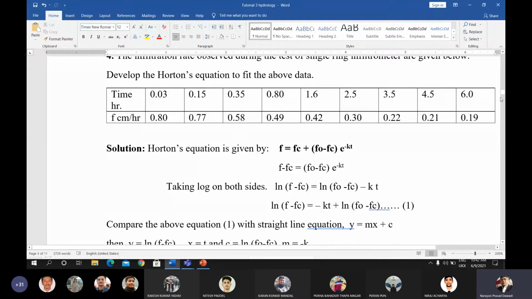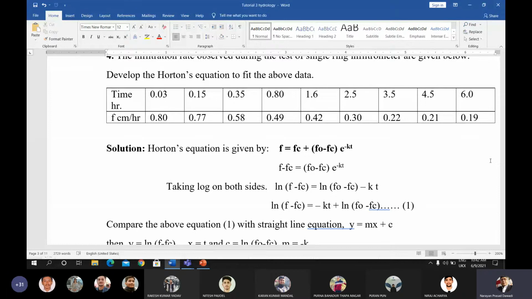If 7 hours time is given and the value of f is again 0.19, then we can say that 0.19 is the constant rate of infiltration. But there is no other data here, so we cannot take the value of 0.19 as the constant rate of infiltration.